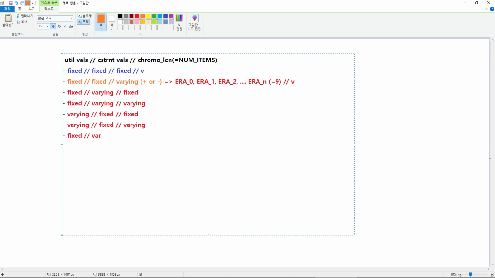That's 1, 2, 3, 4, 5, 6, 7. This should be the 7th one, which is varying, fixed, and the last one, but not the least, varying. So these are the 8 settings or 8 combinations in which dynamic genetic algorithm can be performed.